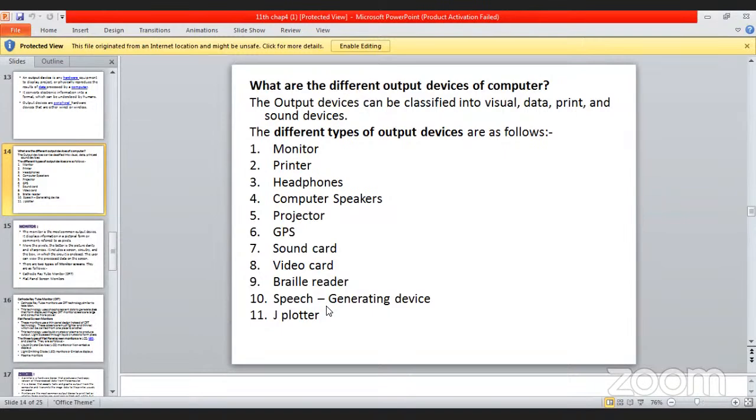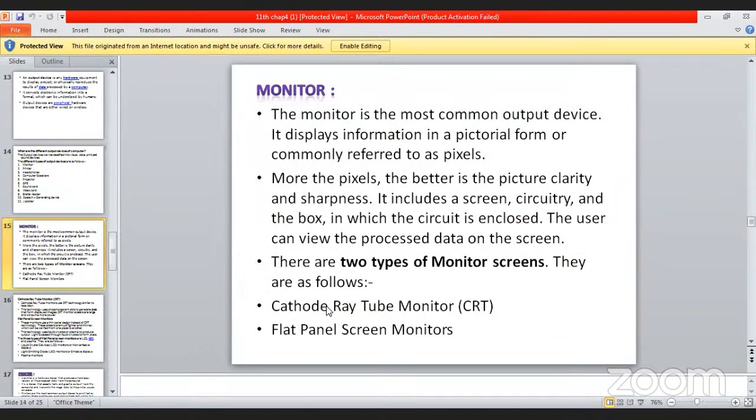So first we will discuss the monitor. What is a monitor? A monitor is the most common output device. Why is a monitor an output device? Because on that monitor screen we can see the video. Video is the display on a computer.